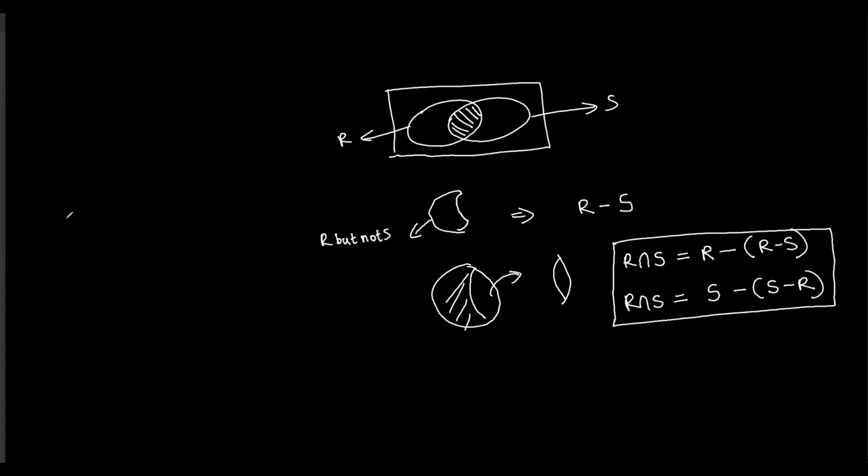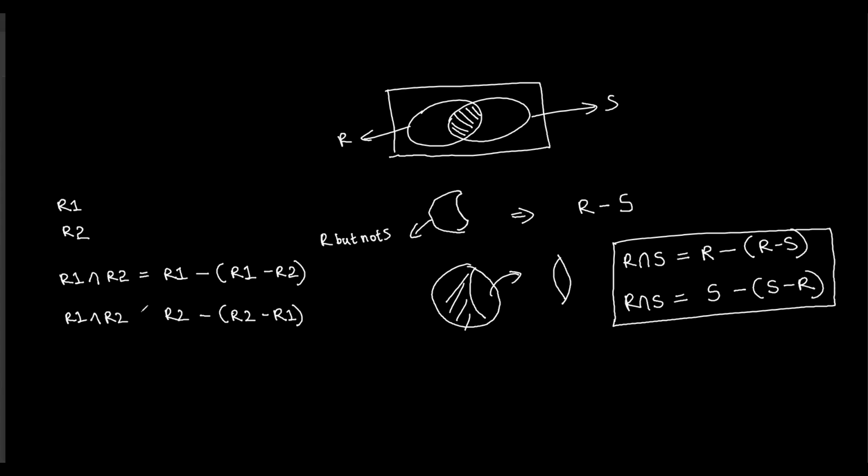If we have two relations R1 and R2, we can say R1 intersection R2 will be equal to R1 set difference (R1 set difference R2), or you can say R2 set difference (R2 set difference R1). Both ways are possible.